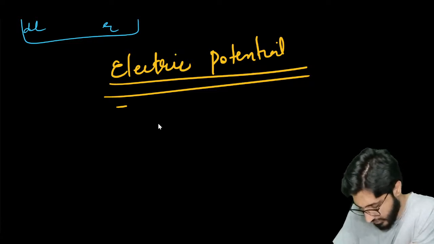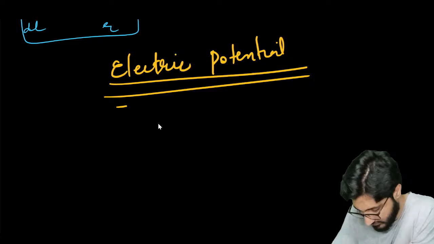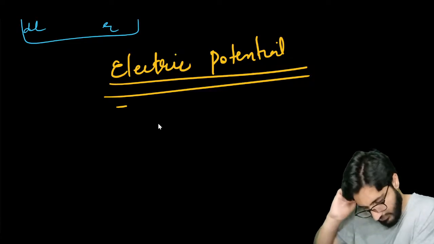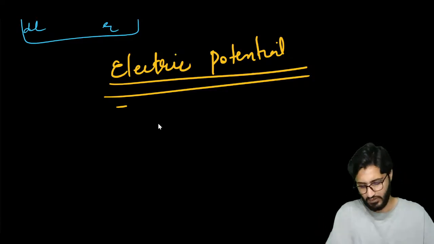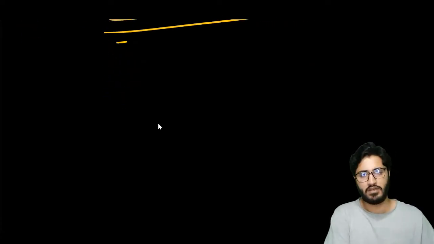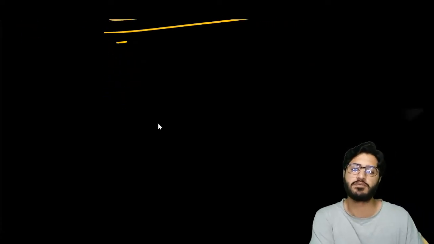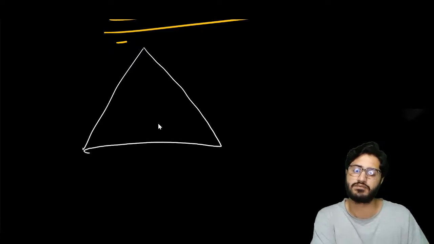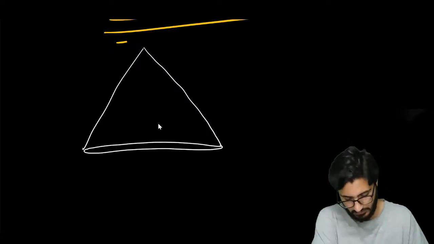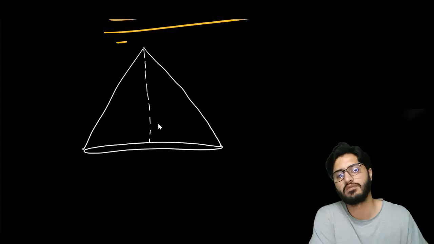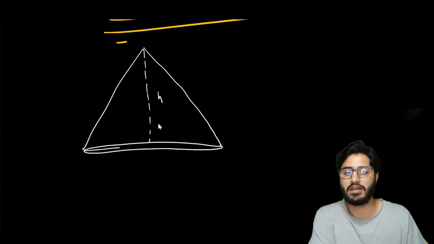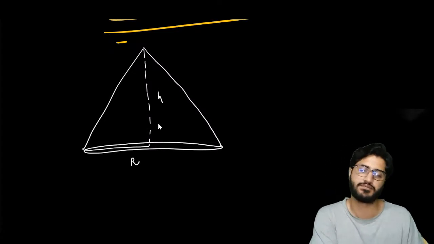The cone one. You didn't understand the cone one? Okay, look. So if this is my cone, and this is the height of the cone, h, and this is the radius of the cone, r.